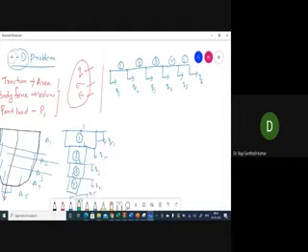Now the deflections Q1, Q2, Q3, Q4, Q5 and Q6. Give the nodal numbers: this is node 1, node 2, node 3, node 4, node 5 and node 6.